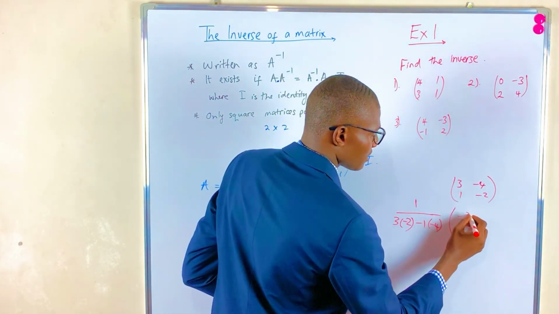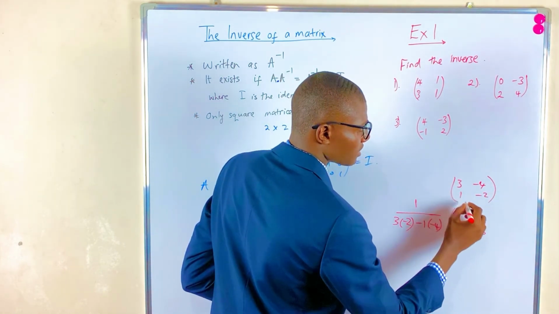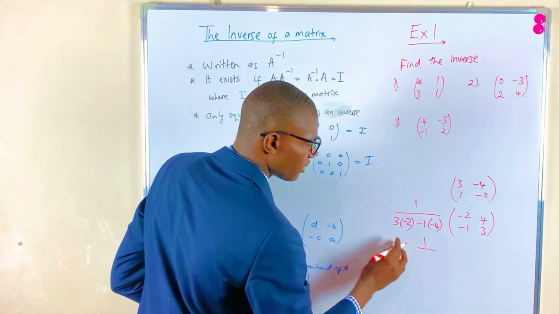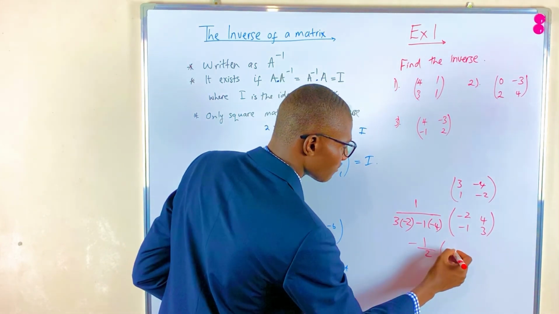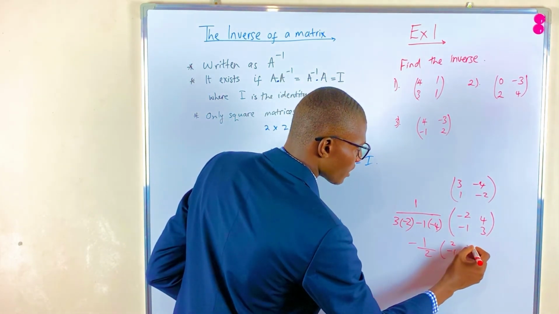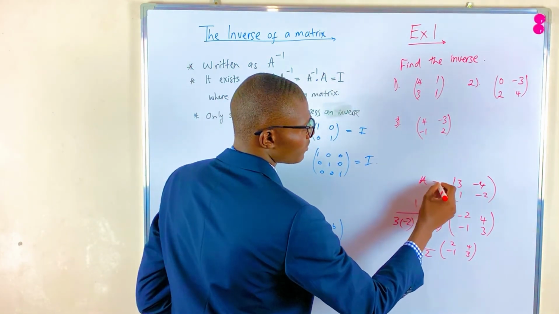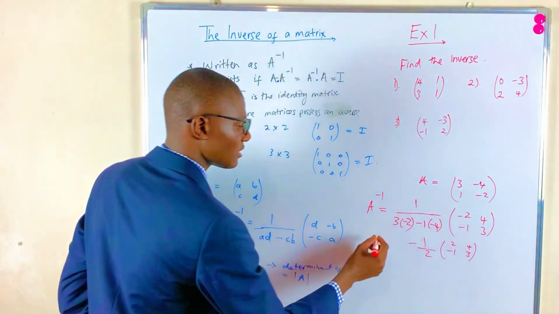This is now minus 2, 3. Then changing the sign, this becomes positive. Changing the sign, that becomes negative. So saying 1 over minus 6 plus 4, we get a minus 2. So this is minus half, 2, minus 1, 4, 3. Let's say if this was matrix A, we're saying that the inverse is that.